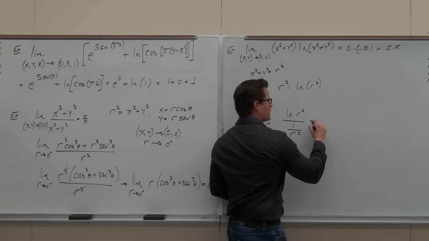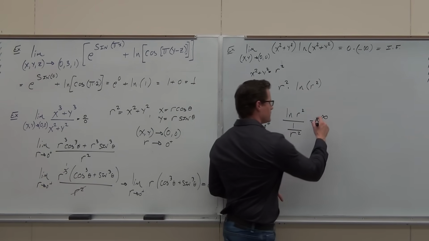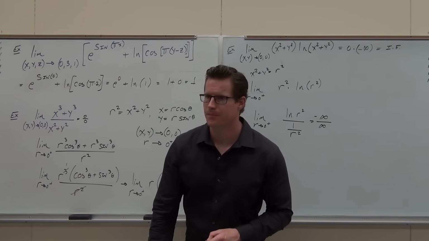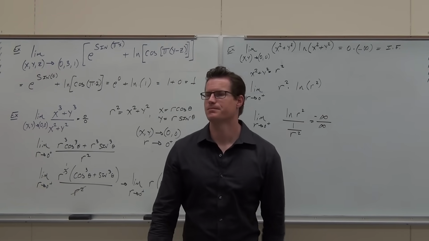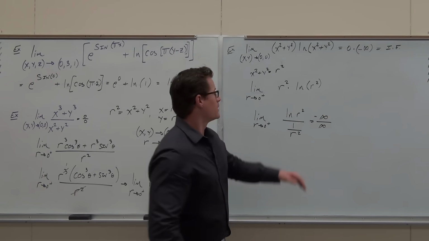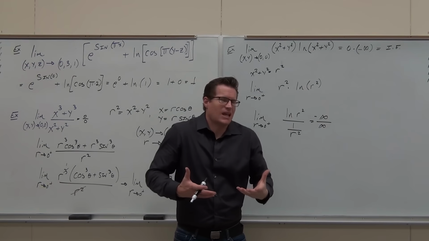Now you have infinity. Notice this. What's 1 over 0? Oh, it's infinity. What do you do anytime you see infinity over infinity? Come on, hope you know this. L'Hopital's.